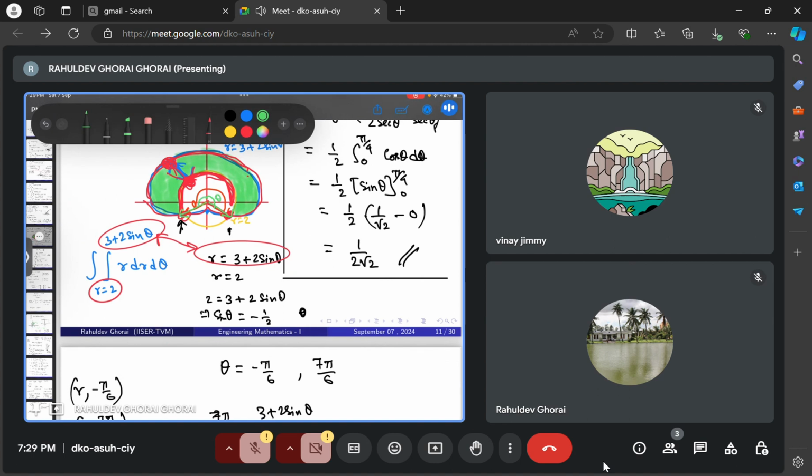I found these values using the intersection of the two given curves. One curve is given like this, another curve like this; I cannot draw it properly here. These two points I found out, and I got minus pi by 6 and 7 pi by 6. So I take minus pi by 6 to 7 pi by 6.